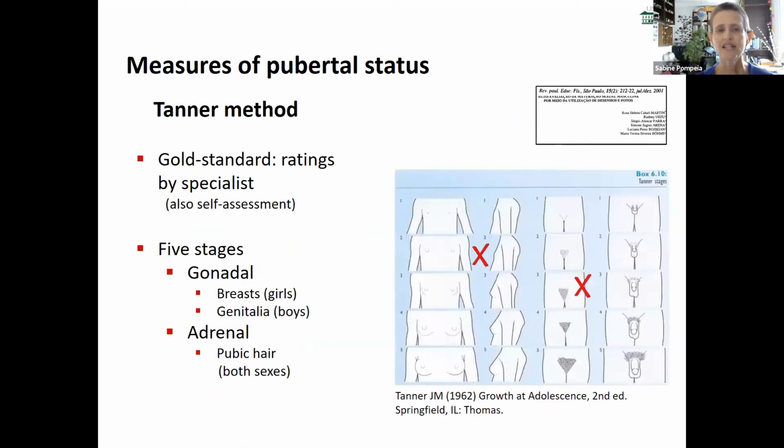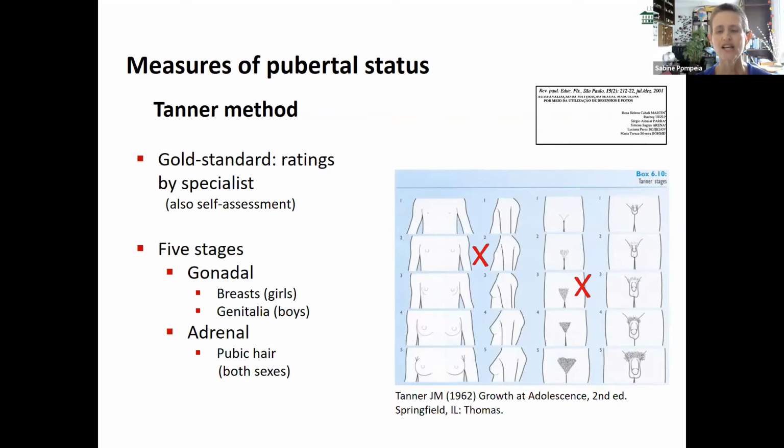This is considered the gold standard method to measure pubertal status, which is the Tanner method. In this method, we have to have an MD or a nurse practitioner, in other words, a specialist, to assess the development of the children or adolescents, considering whether they are in one of 5 stages of puberty, which are illustrated in a set of images such as these ones that you see to the right.